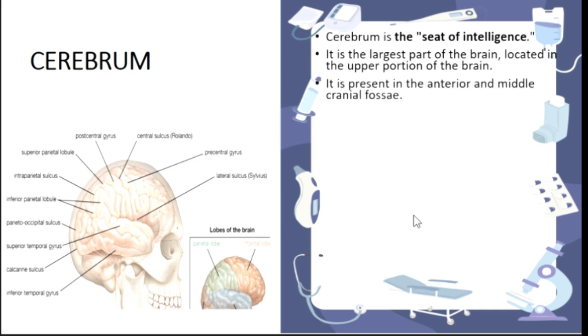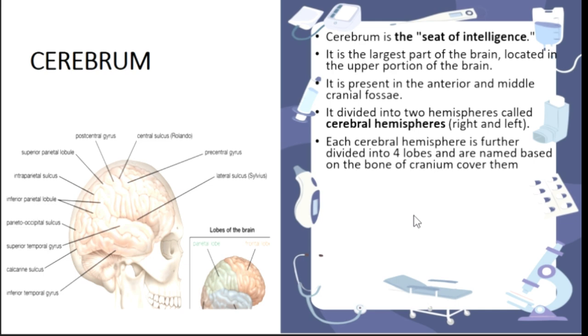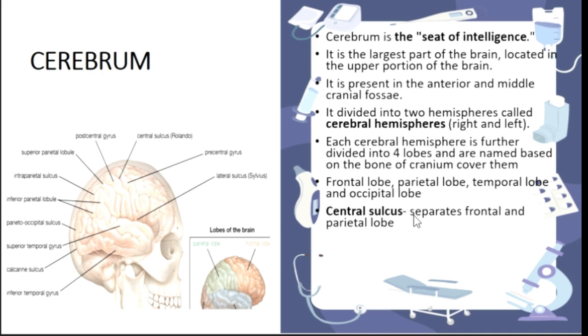It consists of two hemispheres, right and left, and it is located in the upper portion of the brain, in the anterior and middle cranial fossa. It is also divided into four lobes. What are the lobes? We have already learned: frontal lobe, parietal lobe, temporal lobe, and occipital lobe.